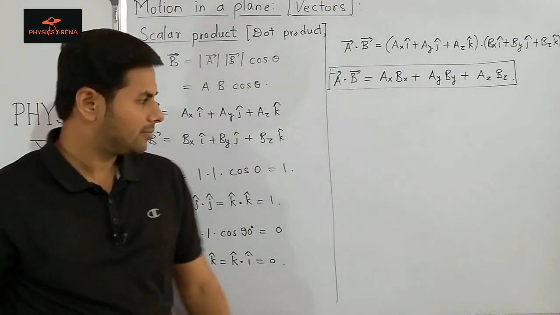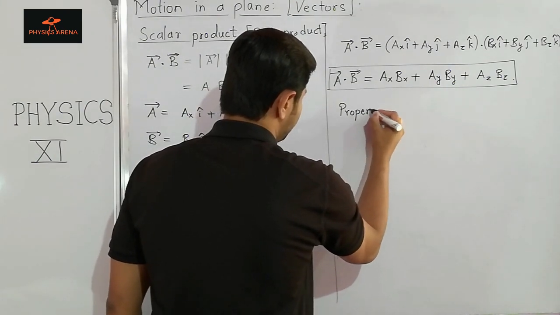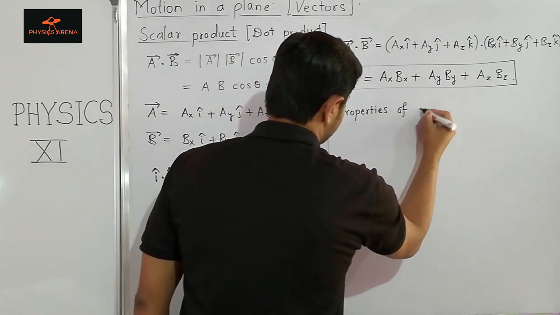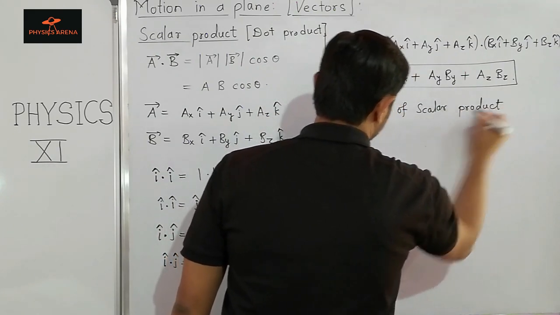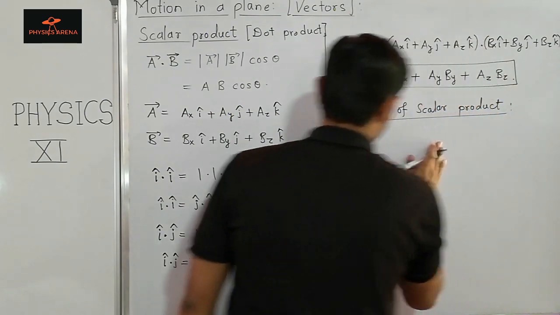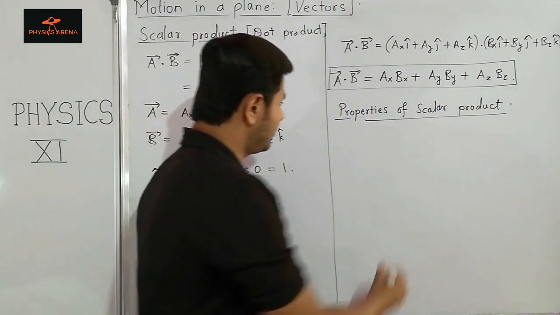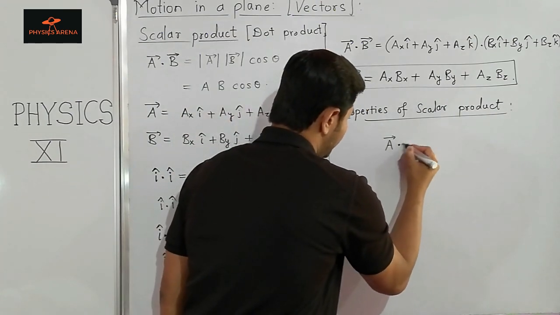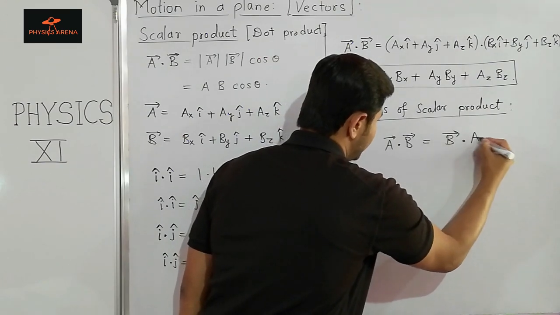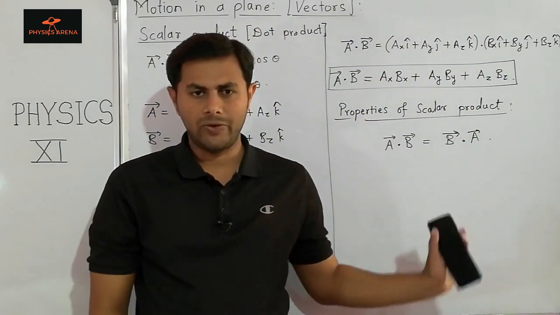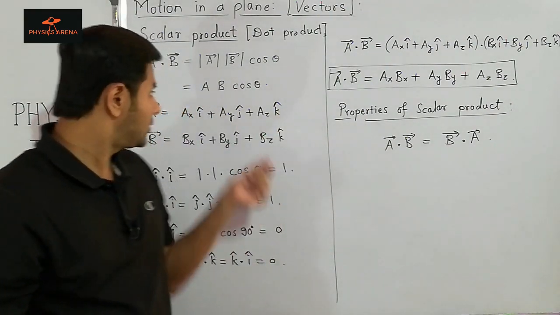Now let's see some properties of scalar product. The properties are a bar dot b bar is equal to b bar dot a bar, and it is obvious. As you can see, what is a bar dot b bar?